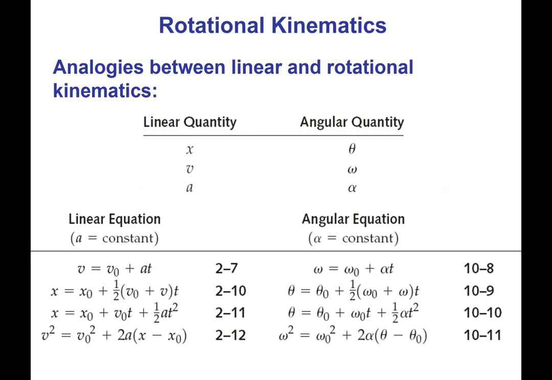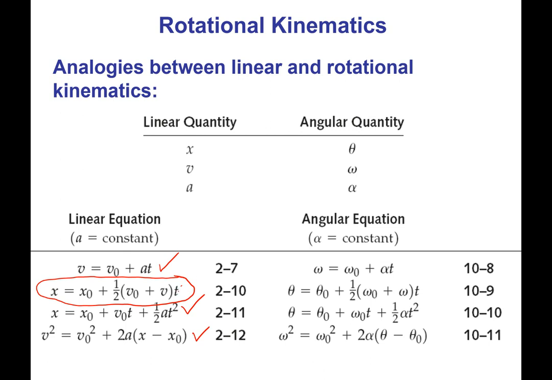And you can do that too. So here's all your linear equations. That one is on our formula chart, this one's on our formula chart, and this one's on our formula chart. This one is not. But when you talk about the big four kinematic equations, they throw that in there.